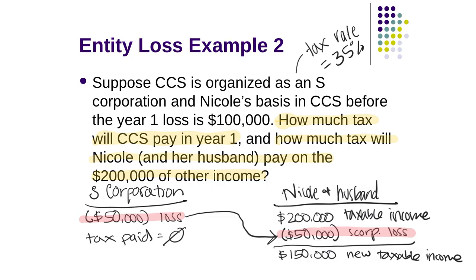Then if we multiply by their 35% tax rate, their new tax that they will pay, well, I'm pulling up a calculator so I can do some math. So 150,000 times 35%. Their new tax is $52,500.